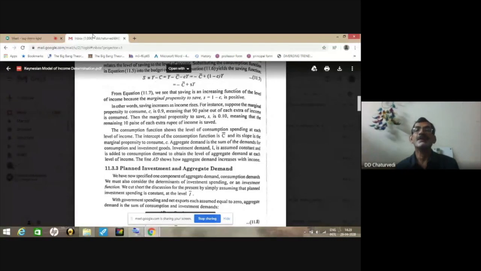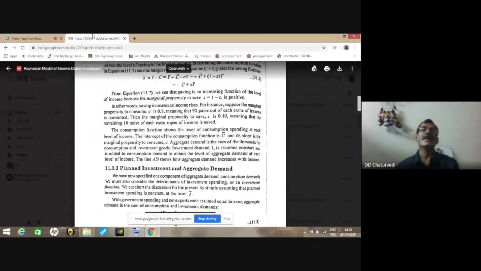We all know that whatever is not consumed will be saved, and the sum of marginal propensity to consume and marginal propensity to save is always equal to 1. So marginal propensity to save, or MPS, or small s, is equal to 1 minus c, which is always positive. That means both c and s lie between 0 and 1.